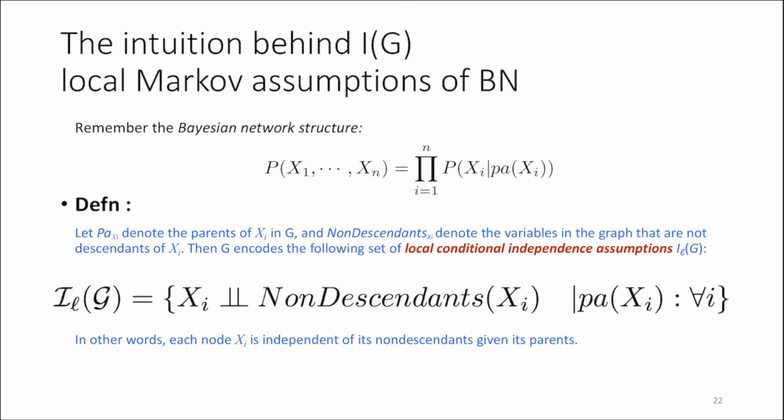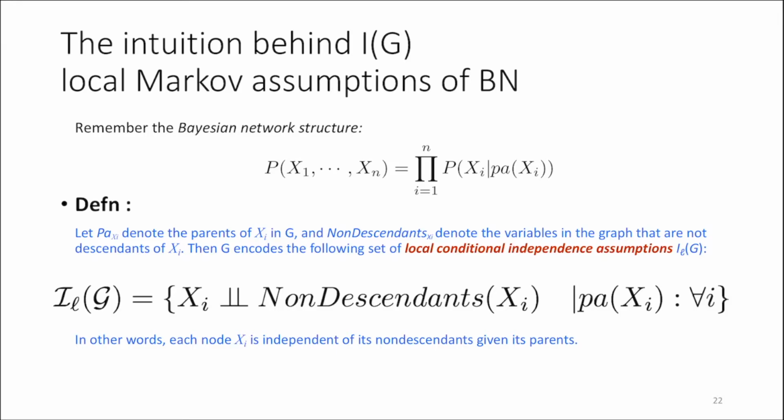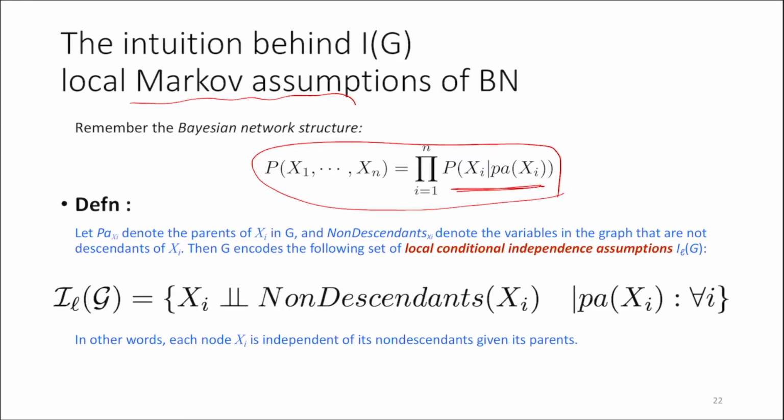And so there is a notion of local conditional independence, or the local Markov assumption. If you remember, I mentioned that given a DAG, we can write the full distribution as a multiplication of factors of this form: each random variable conditioned on its parents.